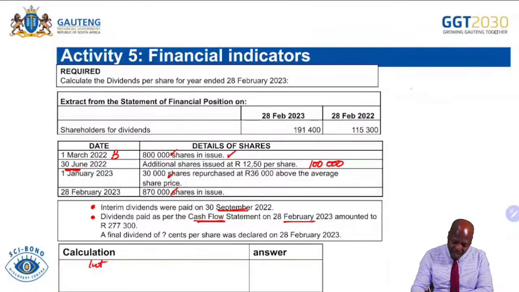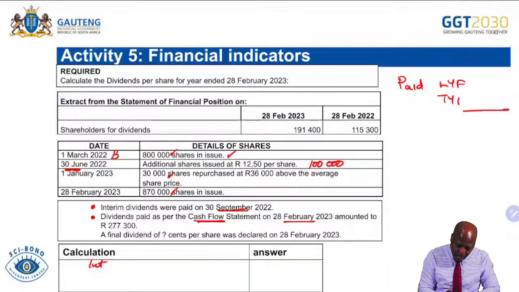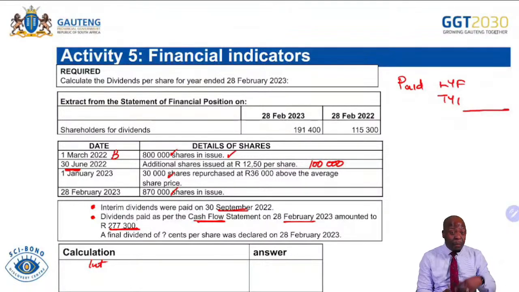What are those two amounts? Dividends paid is equal to last year's final plus this year's interim. So we are told that the dividends paid are 277,300. Remember I told you earlier on this one was given. So I would come here then with 277,300.